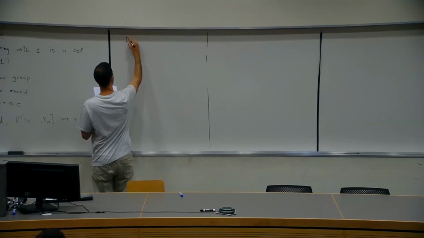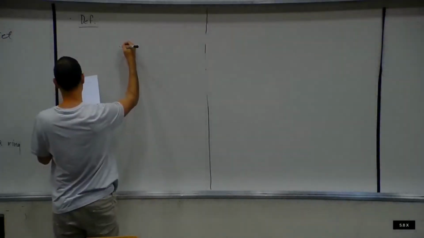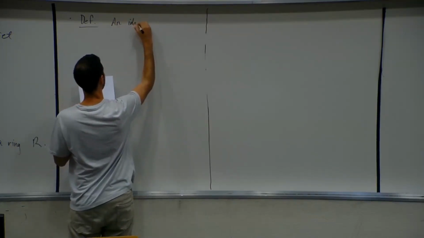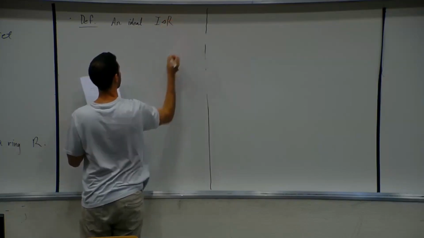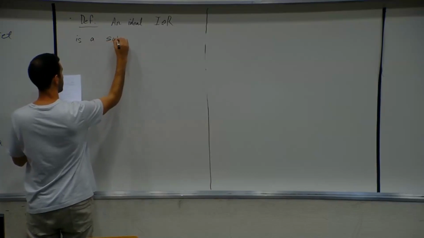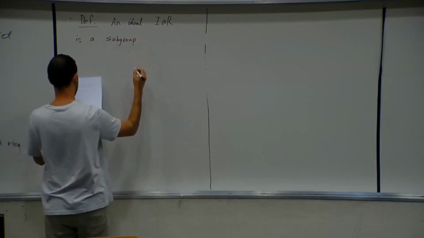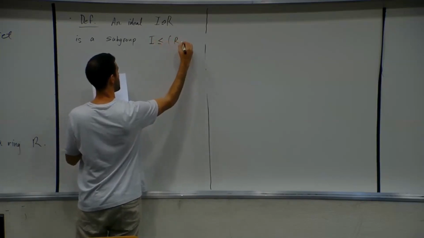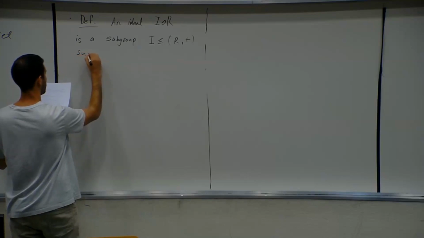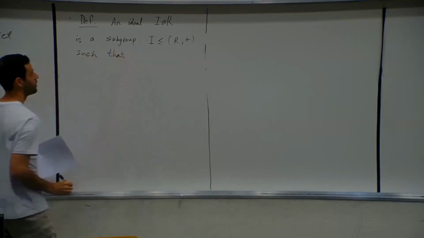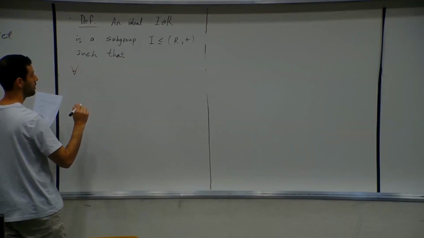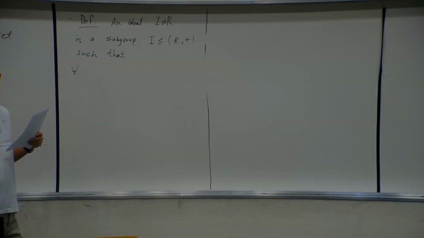Okay. And so what is an ideal? An ideal is a subgroup such that, the subgroup is normal, and it eats multiplication on both sides.